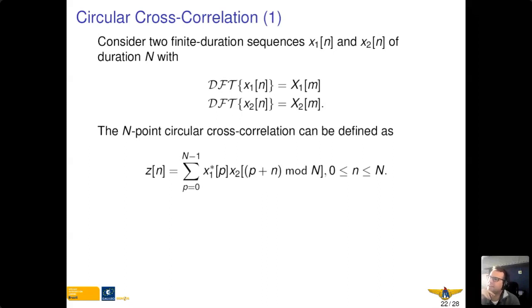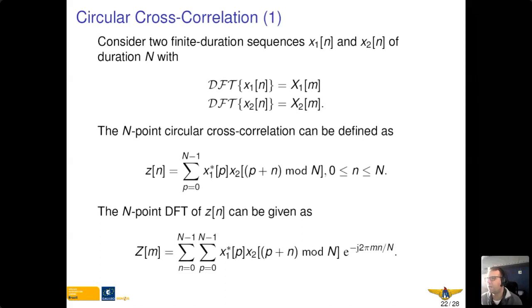And this is then the sum over p from 0 to capital N minus 1 of x1 conjugate of p times x2 of p plus n modulo capital N, and n is from 0 to capital N, and the result is z.